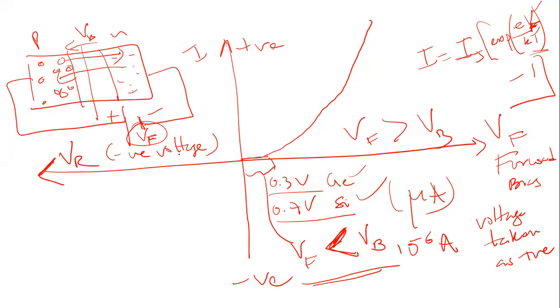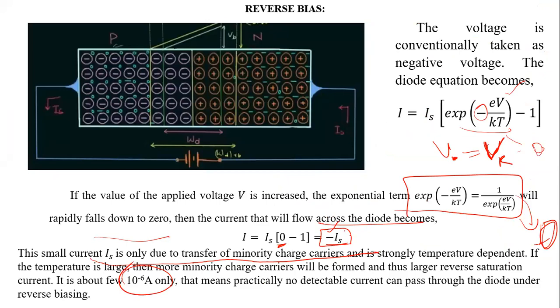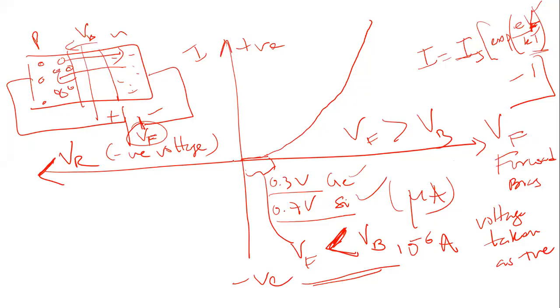Here you see that the current across the PN junction will be minus IS. So there is a negative current here. A very small amount of negative current will flow like this. This is what we call the reverse saturation current, due to the transfer of minority charge carriers.